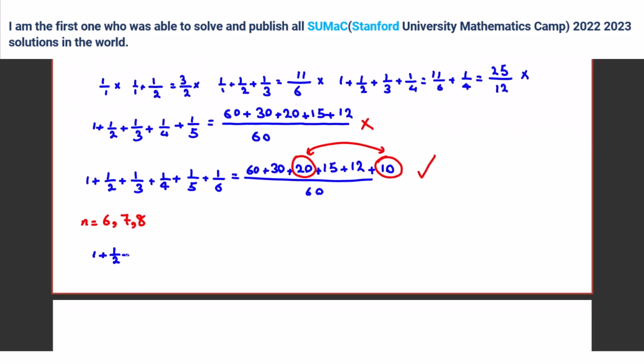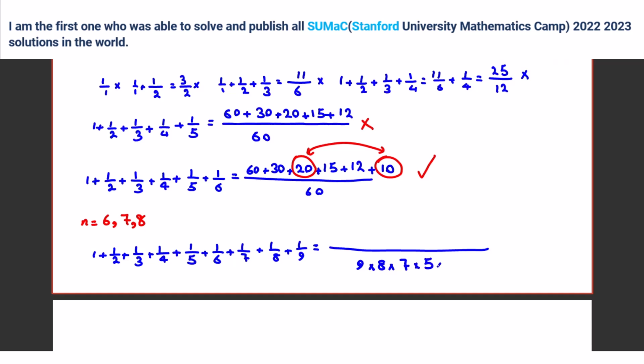Yeah. Okay, now if you check for 9, 1 over 3, 1 over 4, 1 over 5, 1 over 6, 1 over 7, 1 over 8, 1 over 9. If you check the denominator, it is 9 times 8 times 7 times 5, right? Yeah. Okay.